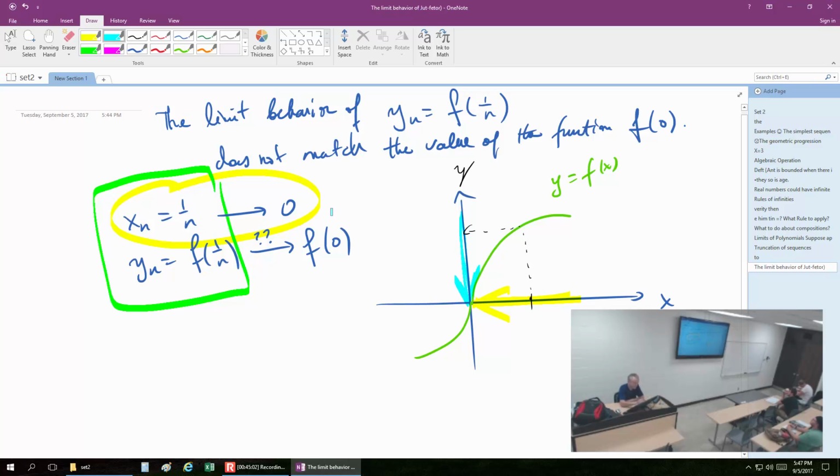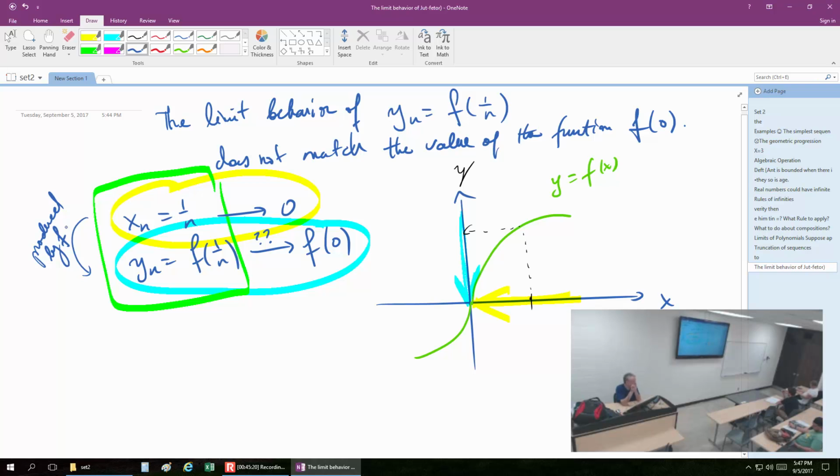These are the y's. A sequence of x's produces a sequence of y's, produced by f. That's what a function is. It converts x's into y's. We converted one sequence of x's into another sequence of y's, and then we'll see where it's going. The question is what's happening right here.